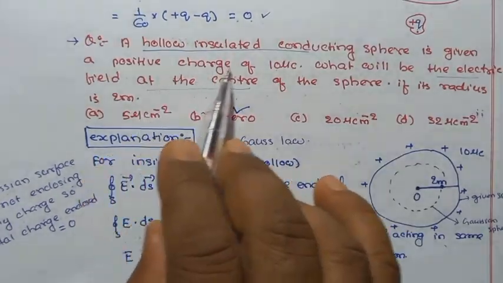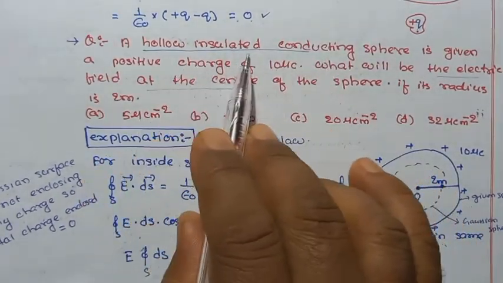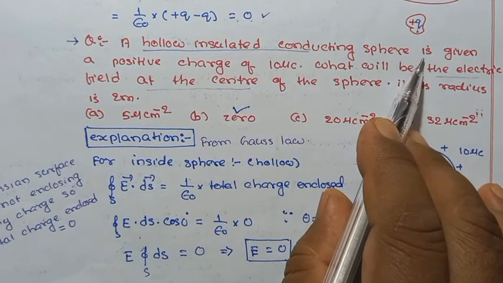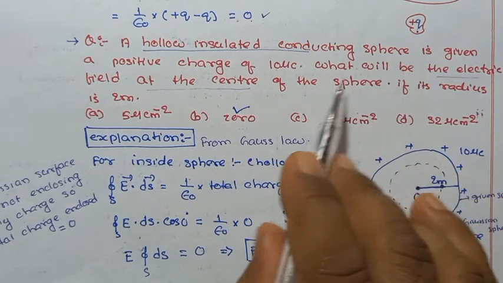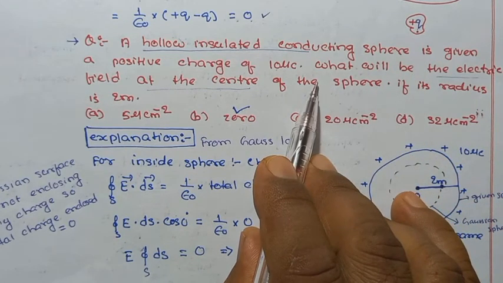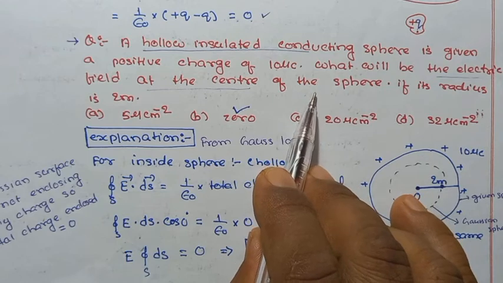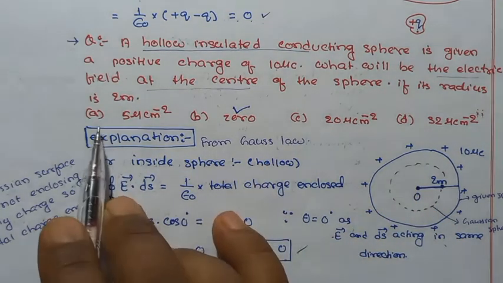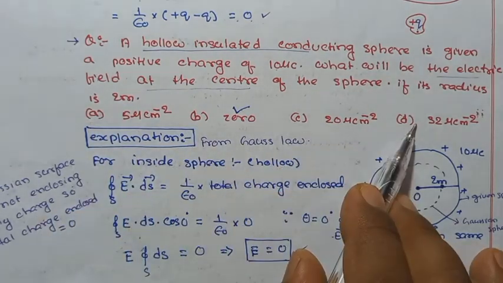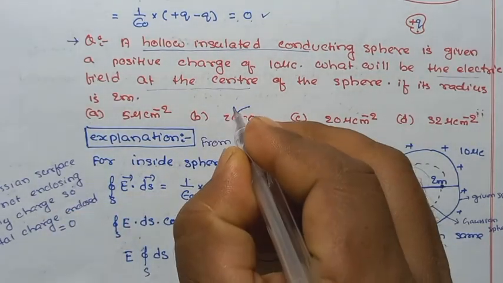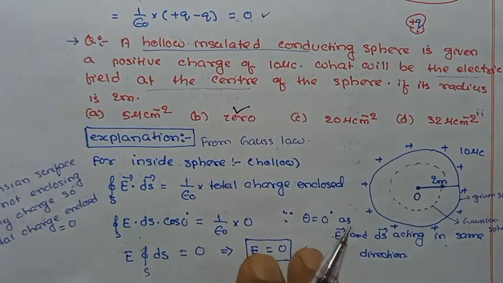The question is: a hollow insulated conducting sphere is given a positive charge of 10 microcoulomb. What will be the electric field at the center of the sphere if its radius is 2 meter? Option A, B, C, D given, and here option B is correct.